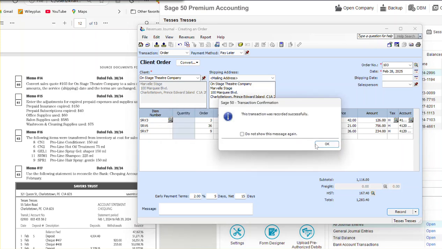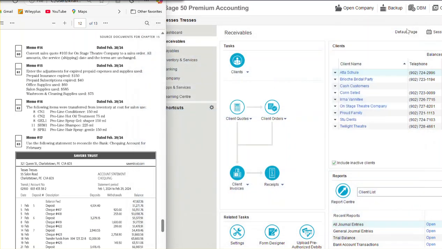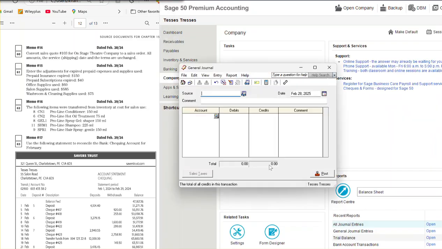Yes, we've done that. Now we're making an adjustment for this. I think I already did that last time, but let's go back and see if I can do it in recurring transactions. No, it's not.